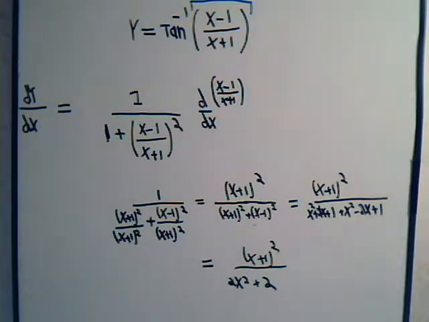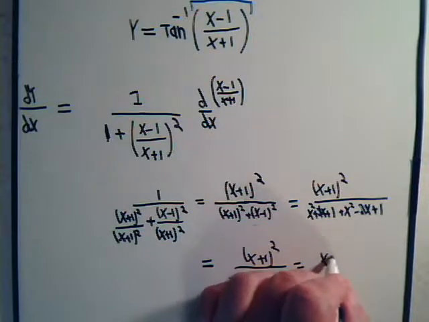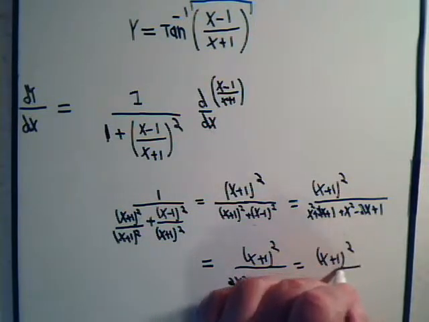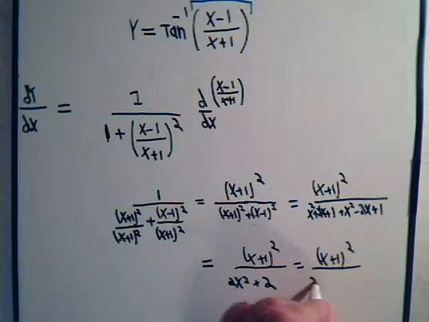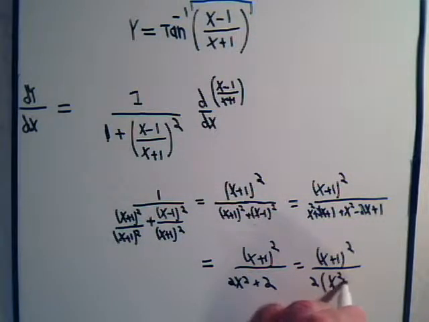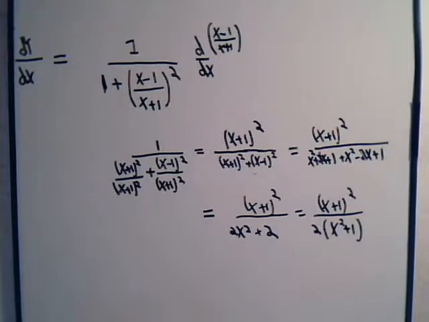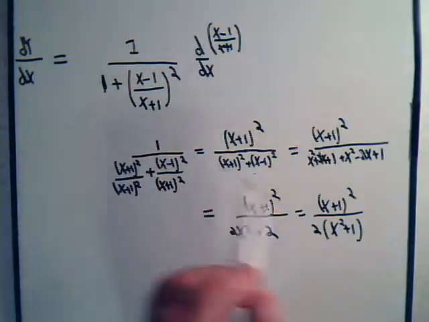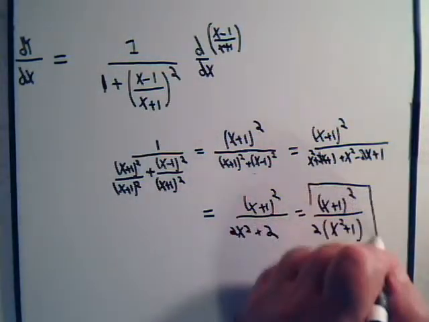So it looks like this will equal x plus 1 squared divided by 2 times x squared plus 1.